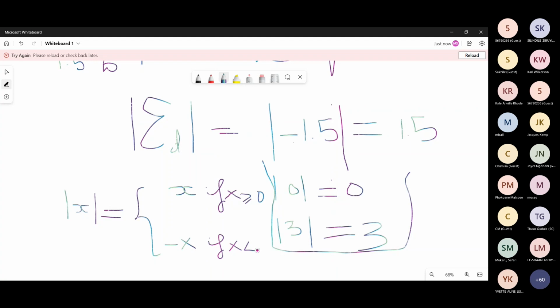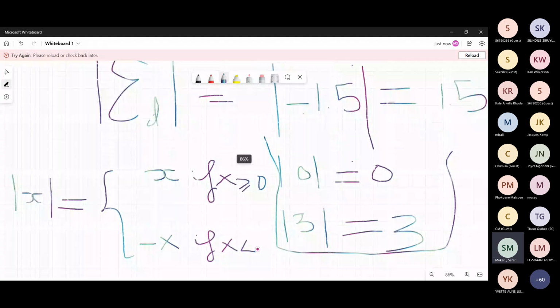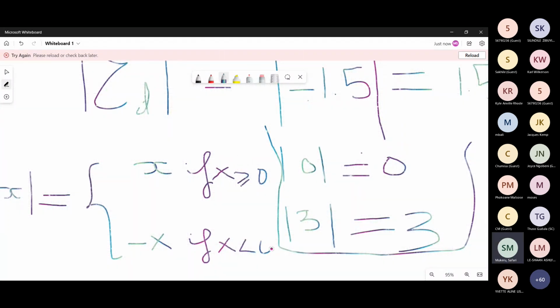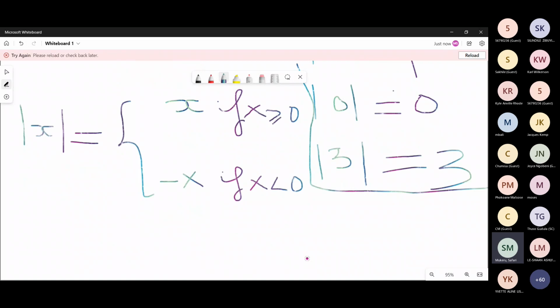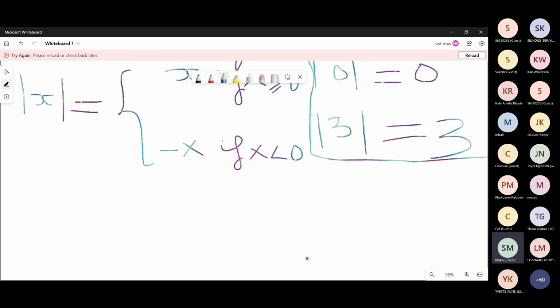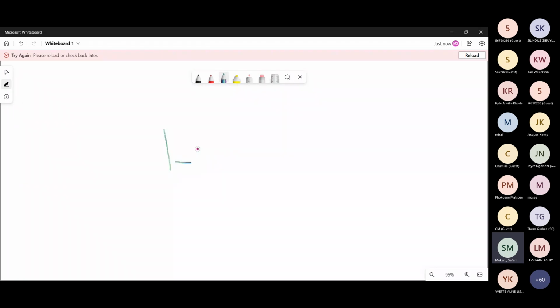Yes, negative than 0. Now, you can see to define this quantity is very easy. The absolute value of -1 is 1, right? The absolute value of 1 is also 1, right?